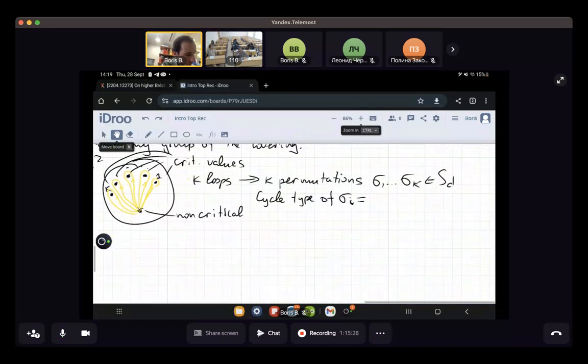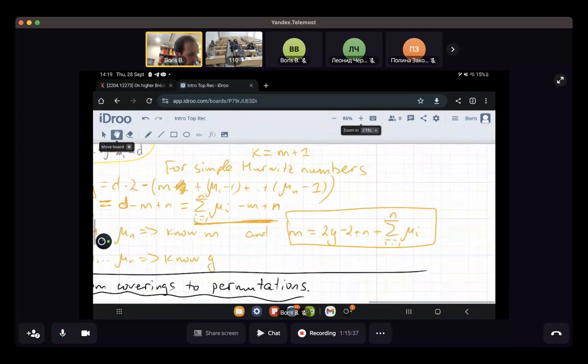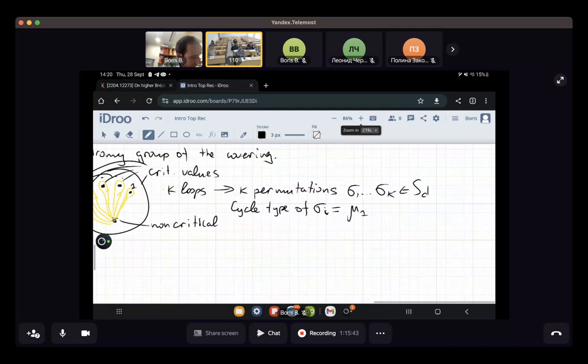So the cycle type of sigma i is equal to mu i, the tuple of numbers of cycles.